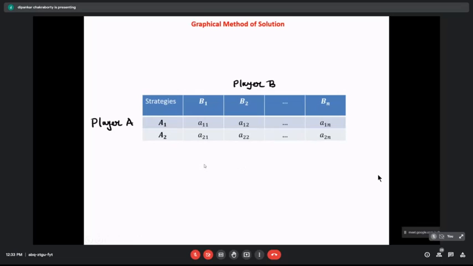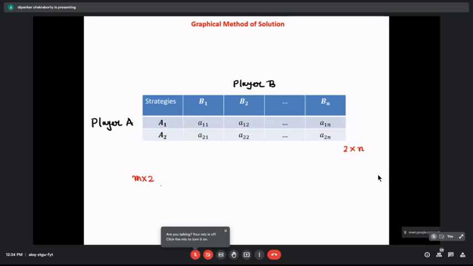So as I mentioned to you, the first method we are going to discuss is known as the graphical method of solution. Now, for the graphical method of solution, the game we are going to consider will be of this type. As you can see, this is a 2 cross n payoff matrix, or the game may be m cross 2.